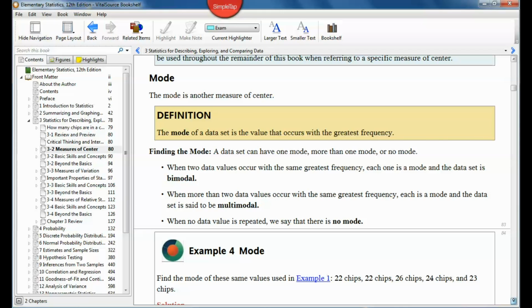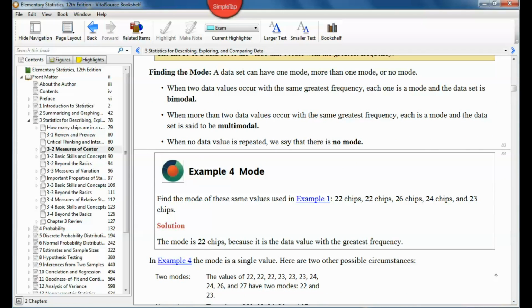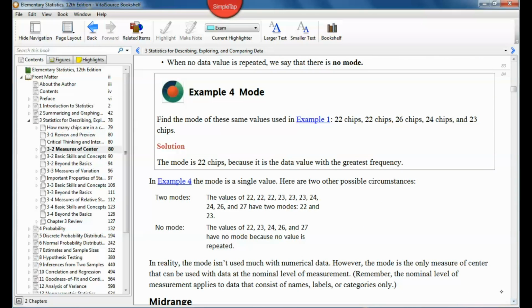So let's look at this example real quick. We have 22 chips, 22 chips, 26 chips, 24 chips, 23 chips. The mode is 22 because 22 occurs with the greatest frequency in that set of data. All right. Here's another example. Here's a set of data that has two modes.